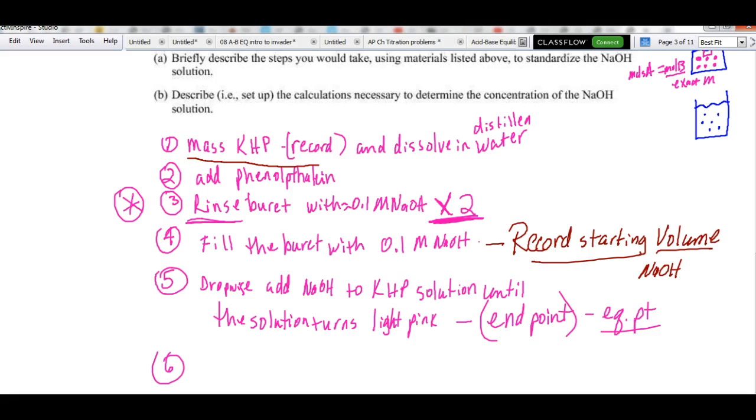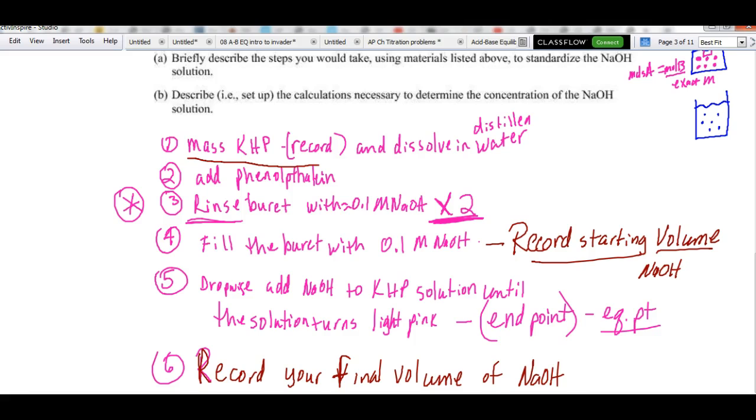Okay, then you're going to record, I want that dark color, record your final volume of NaOH, so you know exactly how much you put in there.